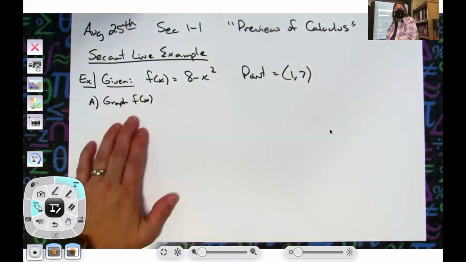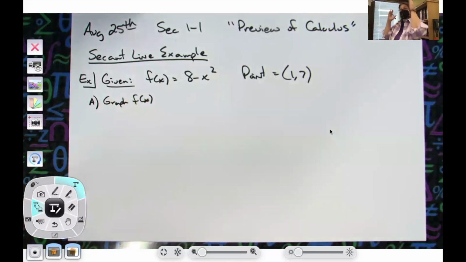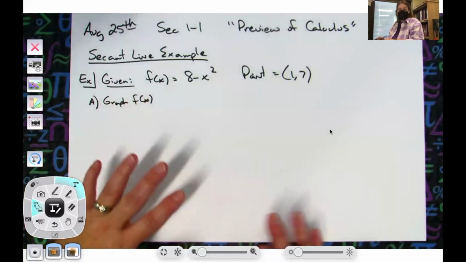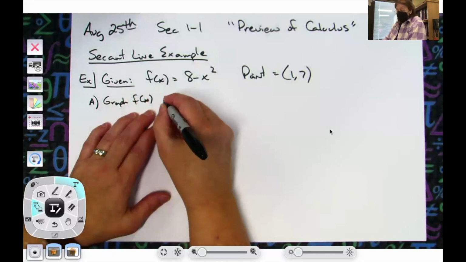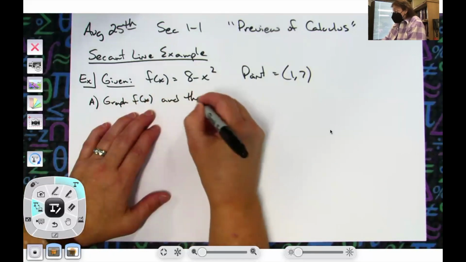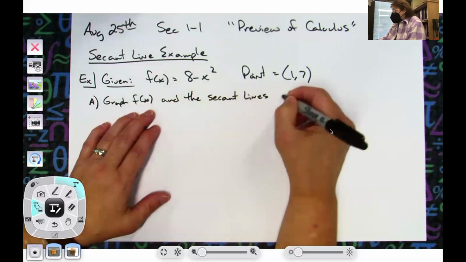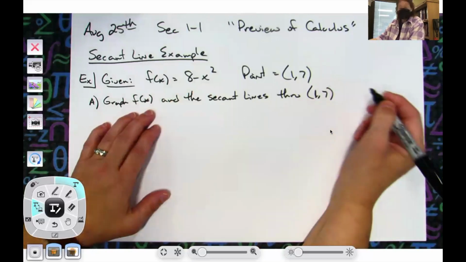You are going to need a piece of graph paper, and if you're in the room, I would use a full sheet of big graph paper as opposed to the tiny ones, because tiny ones are not going to be good. On here, we're just going to do a rough sketch. You're going to graph f of x and the secant lines that go through the point 1, 7.